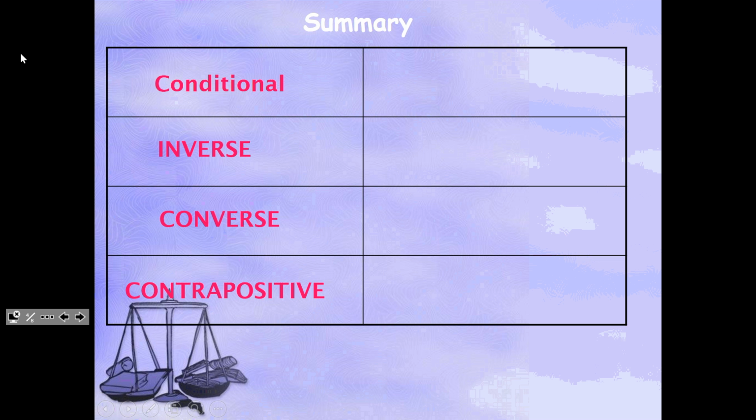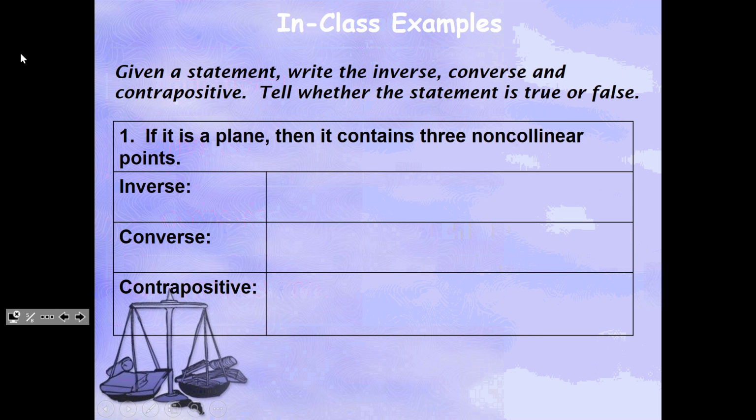All right. So, let's look at another example where we're going to write the inverse, converse, and contrapositive. This is example 1 on your paper. It says if it is a plane, then it contains 3 non-collinear points.